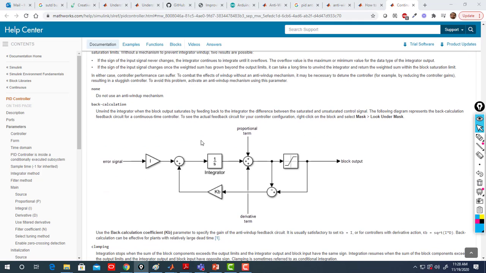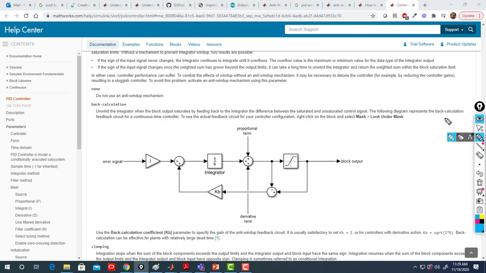As explained here in MATLAB, unwind the integral when the block output saturates by feeding back to the integrator the difference between the saturated and the unsaturated control signal.